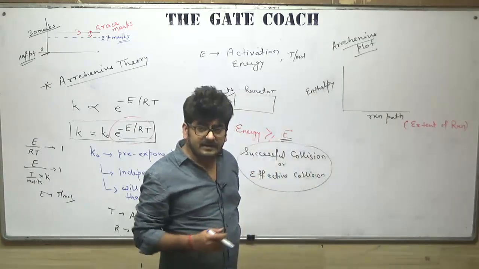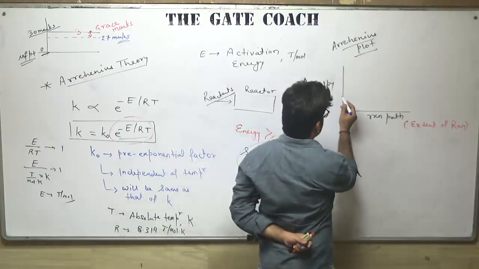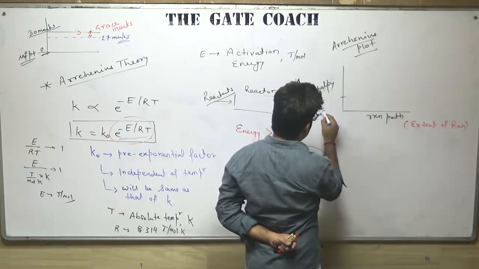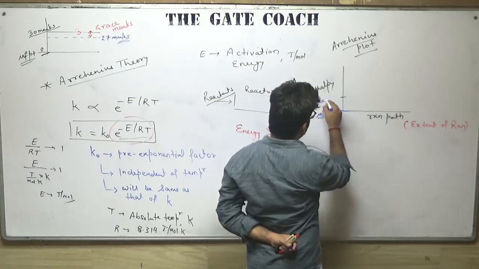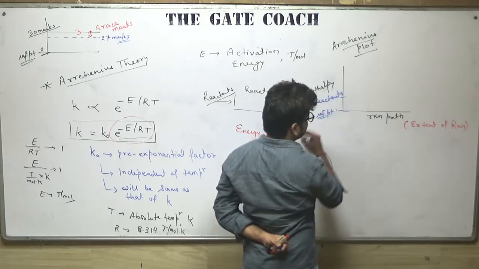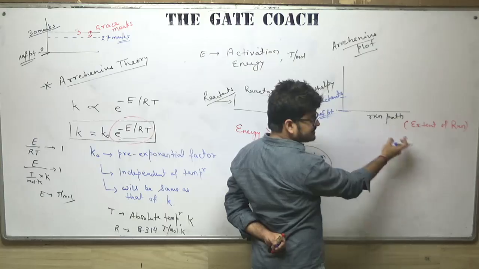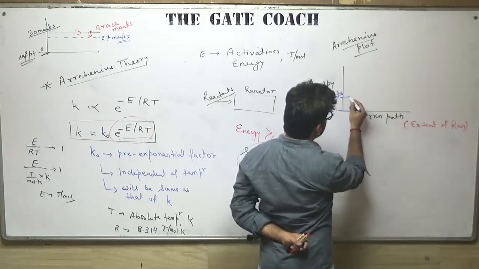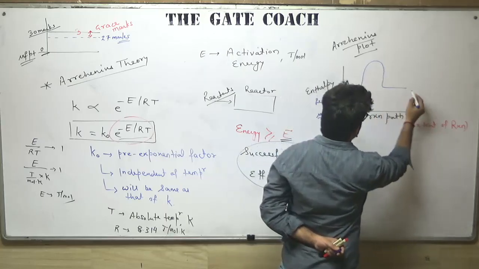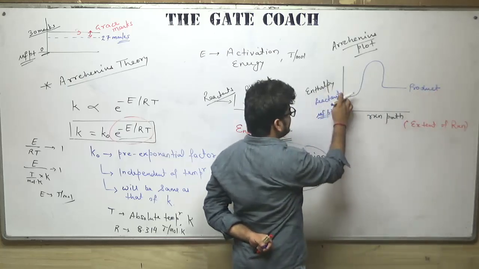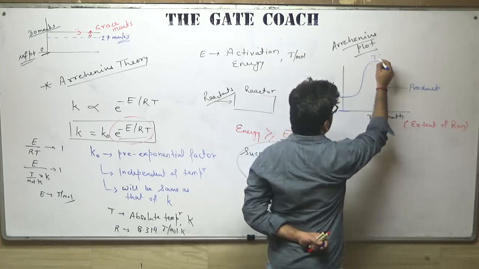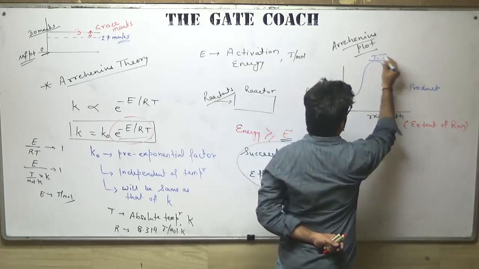So in the Arrhenius plot, suppose we have the reactants, this is the reference point, these are the reactants. As the reaction proceeds, this is the product state, this is the reactant state, and this is the transition state, TS.